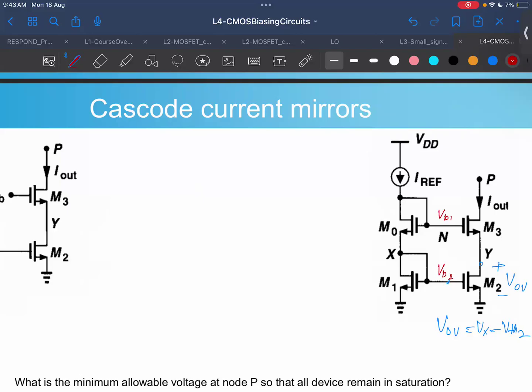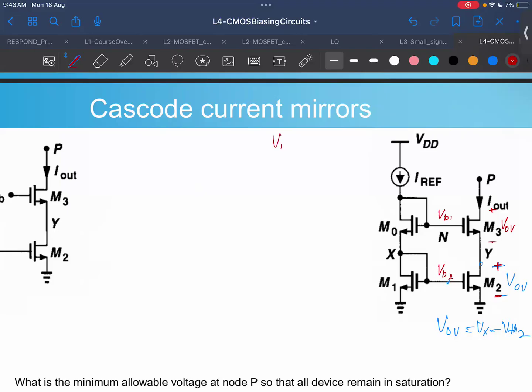And the reason is that when these two transistors are put on top of each other, we would need at least some voltage across this transistor, right? Which is VOV, your overdrive voltage, which is needed for these transistors to be in saturation. So that is the condition.